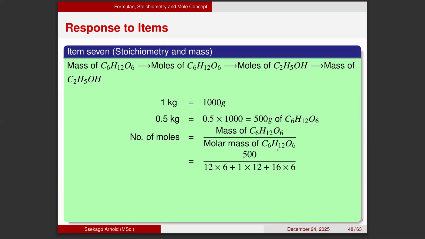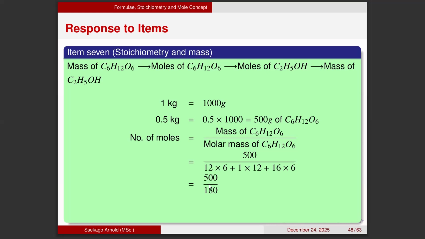So C is 12, capital H is 1, capital O is 16. So we shall have 12 times 6, 12 for carbon, but there are 6 of them. Then plus 1 times 12, 1 is for H, but there are 12 of them. Then plus 16 times 6, 16 is for oxygen, but there are 6 of them. Therefore, we obtain 500 over 180, and this gives 2.778 moles of glucose.